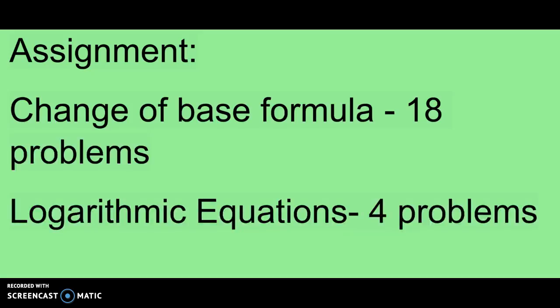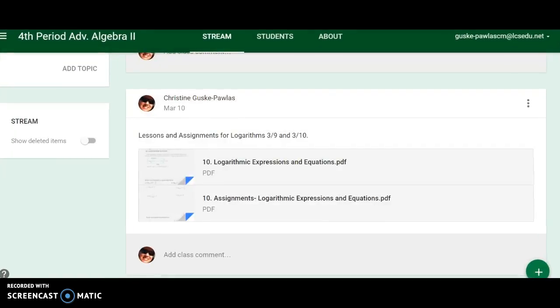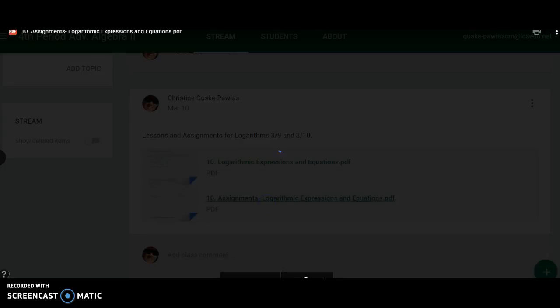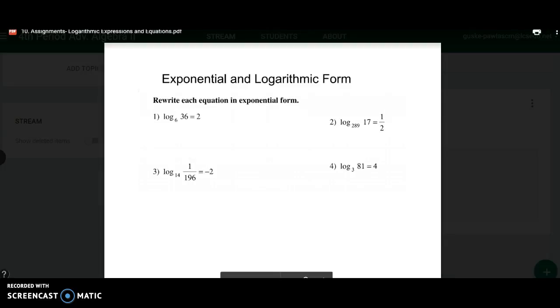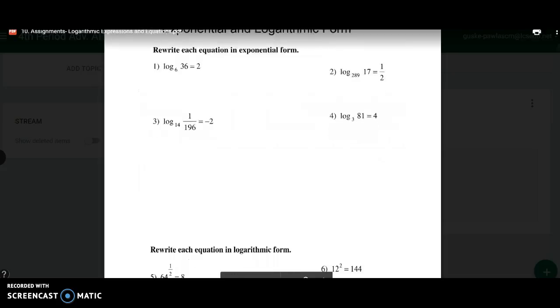Your assignment looks like 3 different kinds of assignments. You had one from before, so don't read this right here. Go to Google Classroom and click on the assignments from March 10th. You're going to see all these problems that I need you to practice if you were not here.